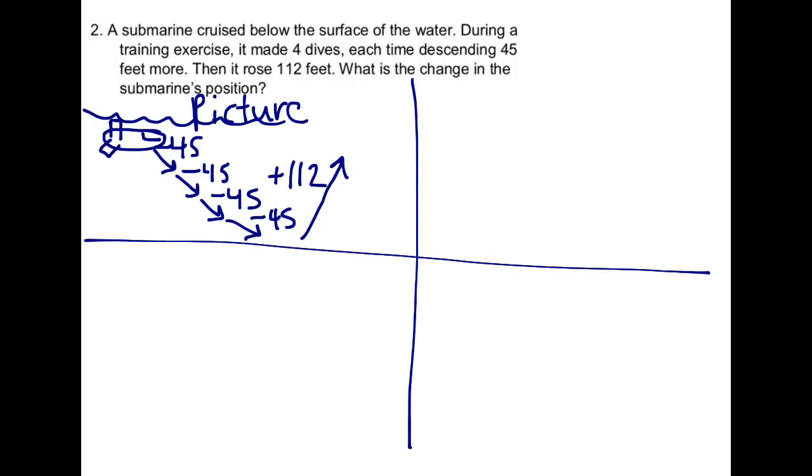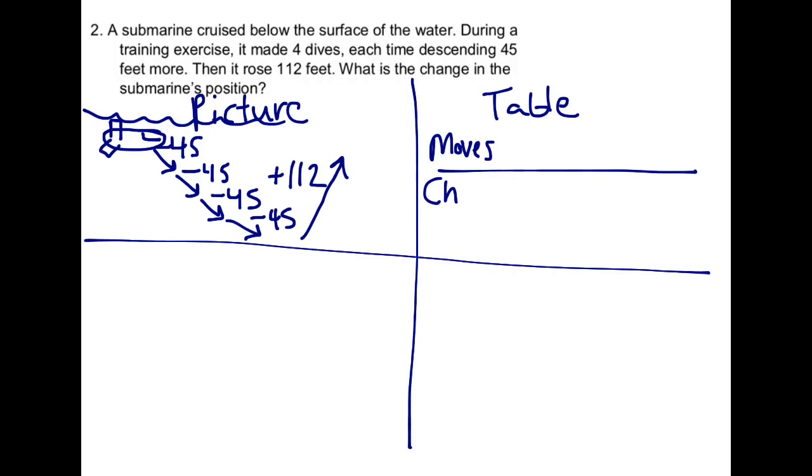What is the change in the submarine's position? So I want to organize this data. So I'm going to put it in a table. It made 4 dives. So I'm going to put moves and change.